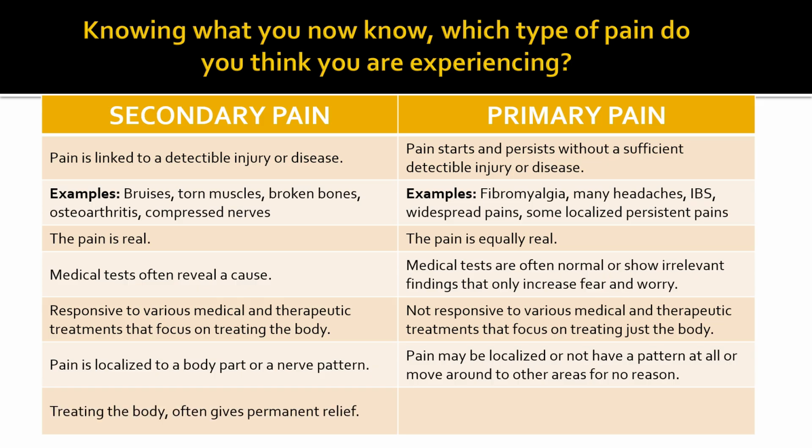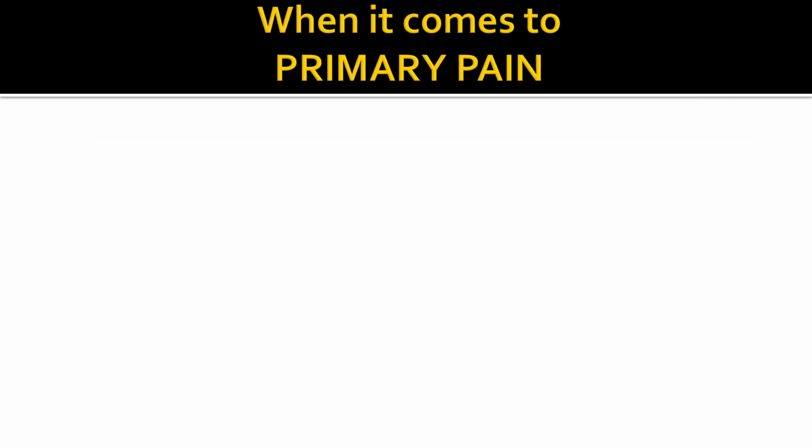And finally, secondary pain, when you're treating the body, often gives permanent relief. However, when it comes to primary pain, treating the body at best gives temporary relief, but the pain always returns. So knowing what you now know, which type of pain do you think you're experiencing?